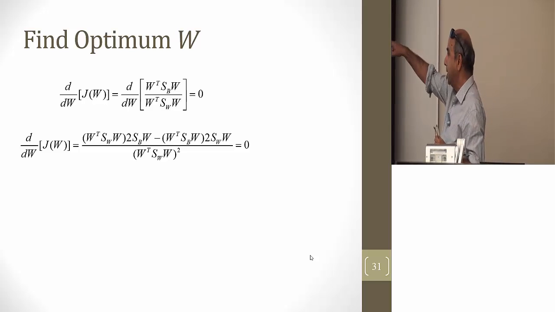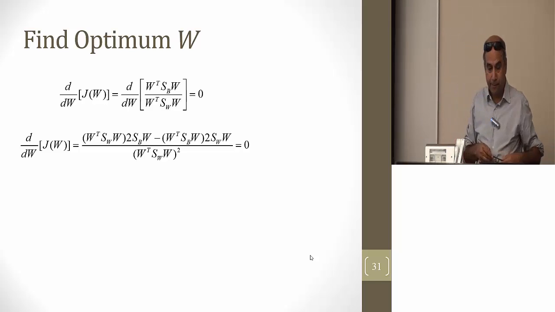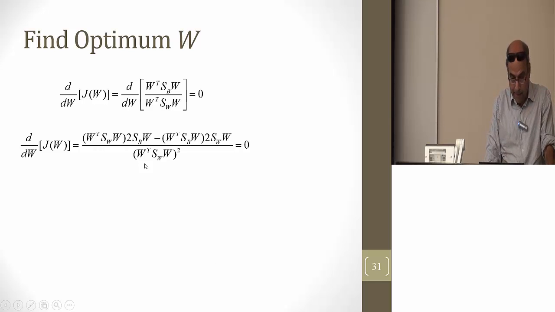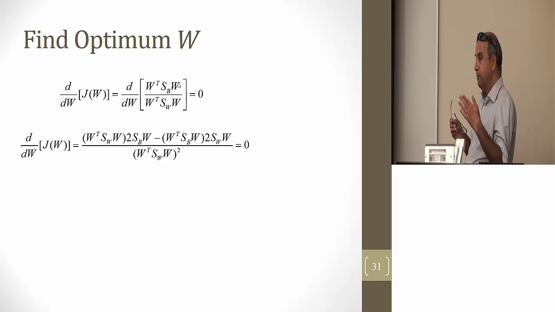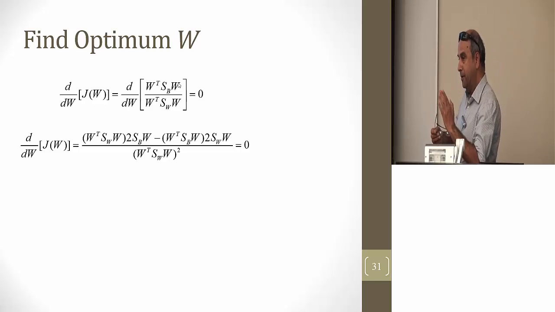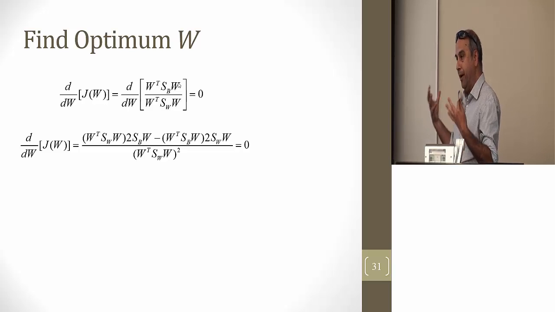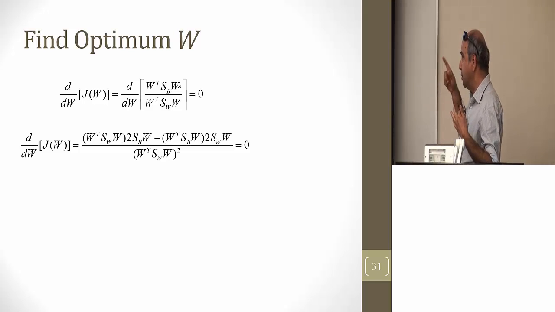So we square the denominator, W transpose SW W, and then we keep the denominator here, the same thing here, and then we differentiate this one. Now as you see, this is W transpose SB W. This is a matrix multiplied with another matrix, and SB is another matrix, and it's like a square. When you have a vector x multiplied with x, it's x squared. So the derivative of this would be 2 SB W. You have done this, I think, in the motion model.